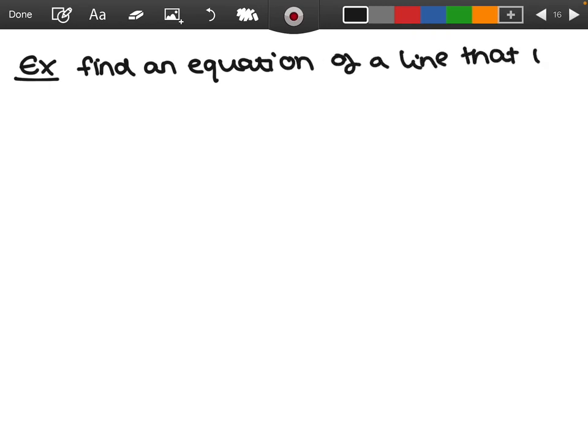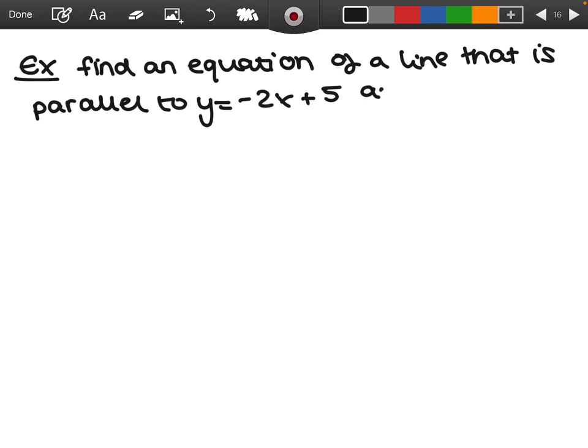Same deal again, but this time I'm going to look at a line that is parallel to that original line. So find an equation of a line that is parallel to y is equal to negative 2x plus 5 and passes through (6, 4).